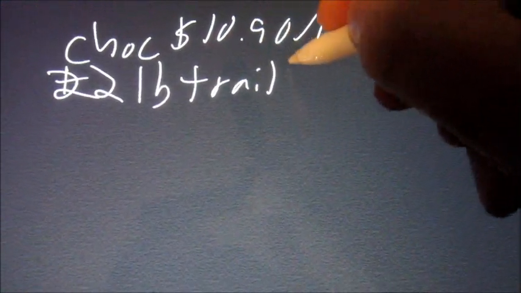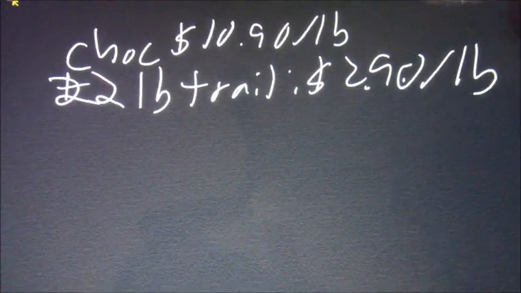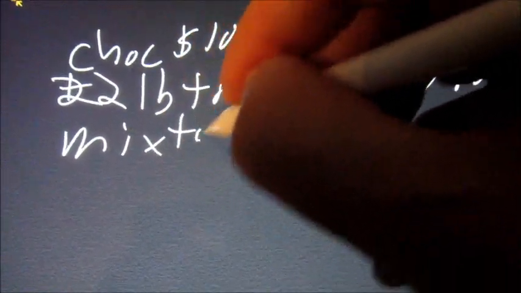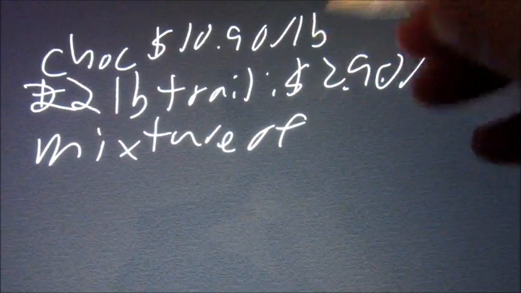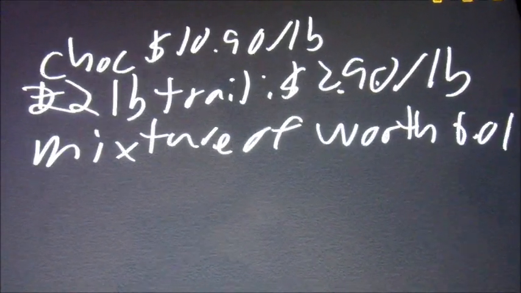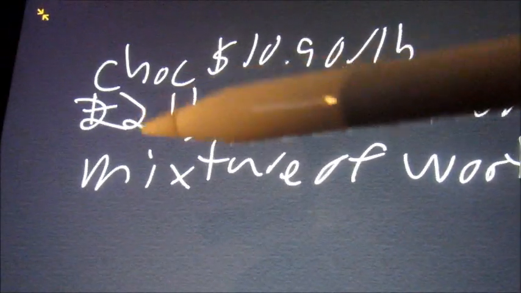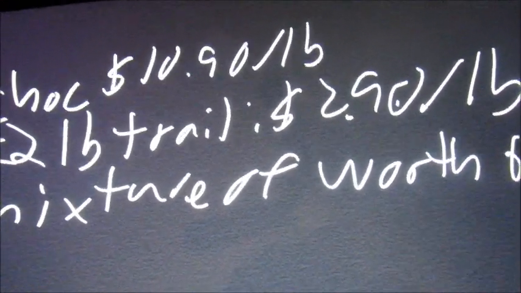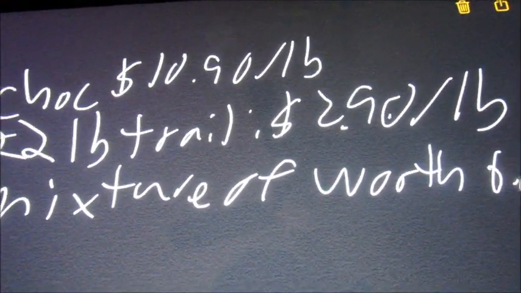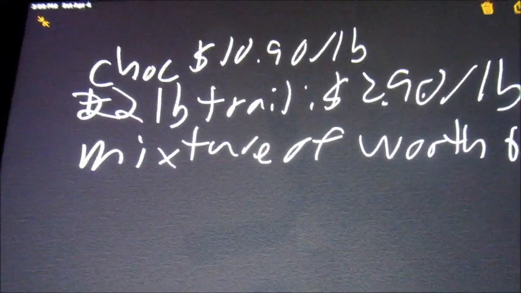We have 22 pounds of trail mix that costs $2.90 per pound, and we want to make a mixture that's worth $6.01. So what we need to do is find out, we have 22 pounds of trail mix. What we want to know is how much chocolate do we need to make this mixture. So we have no idea how much chocolate we need.